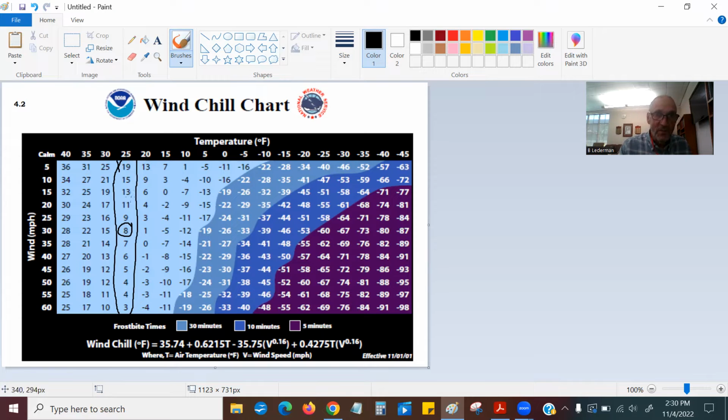If there's a 15 mile per hour wind, it's going to feel like 13 degrees. If there's a 20 mile per hour wind, it's going to feel like 11 degrees, and so on and so forth. If it's 25 degrees, which is pretty cold, by the way, actually below the freezing point of water, then if there's a 60 mile an hour wind, which is quite windy, it's going to feel like 3 degrees.